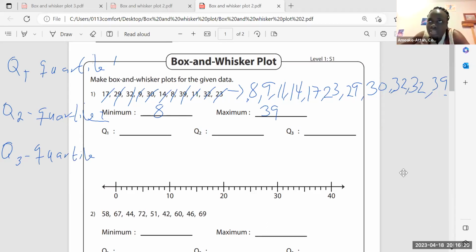I think I taught how to find the interquartiles in one of my tutorials, so if you have forgotten, you can go back to it to refresh your mind.